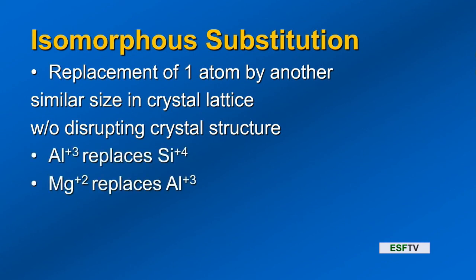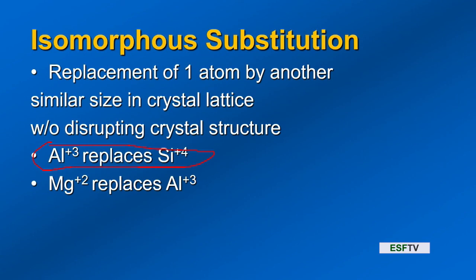And what happens is we find aluminum plus 3 replacing silica plus 4. These are about the same size. And when we re-engineer, or I'd say the gods re-engineer this, we have plus 3 replacing plus 4 in the same spot.